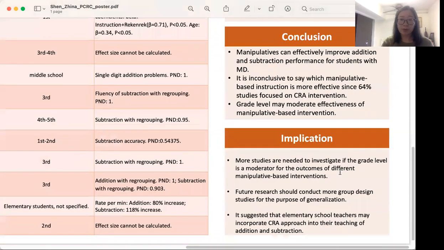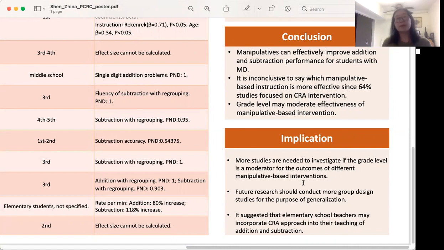For future implications, more studies are needed to investigate whether grade level is a moderator for the outcomes of different manipulative-based interventions. Future research should also conduct more group design studies, because based on my coding, only 3 out of 11 studies used a group design.